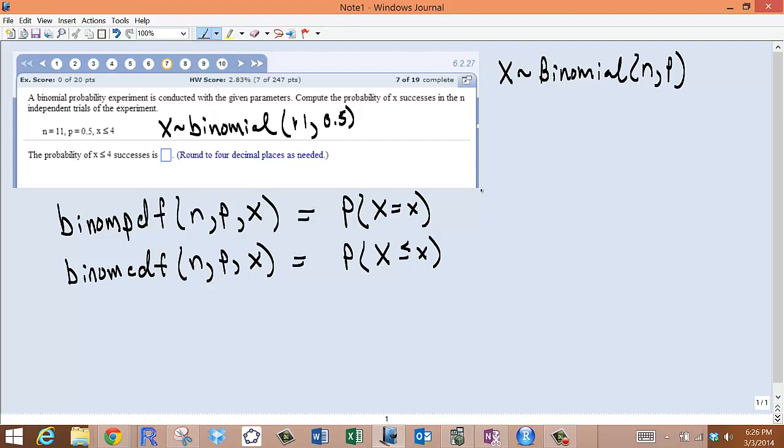Okay, so let's first look at this case here. So case number one, if I want to know the probability that x is equal to, I don't know, let's just say 4.